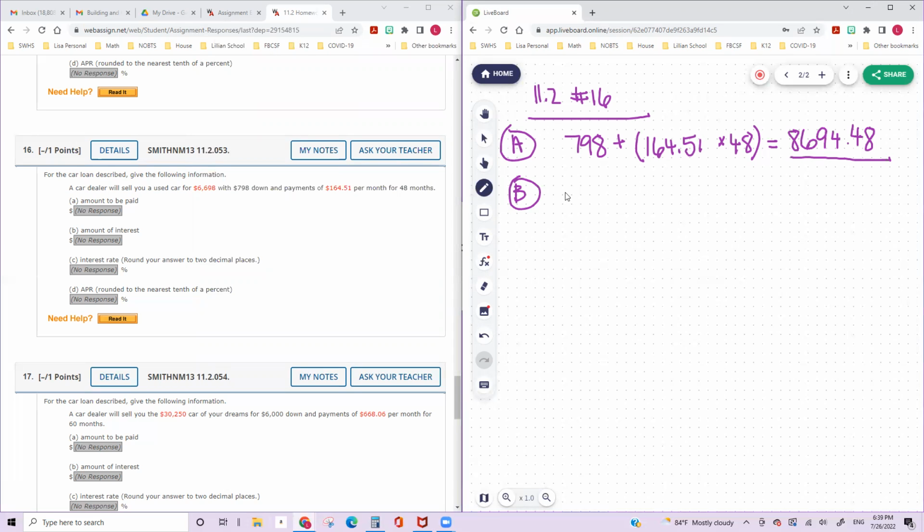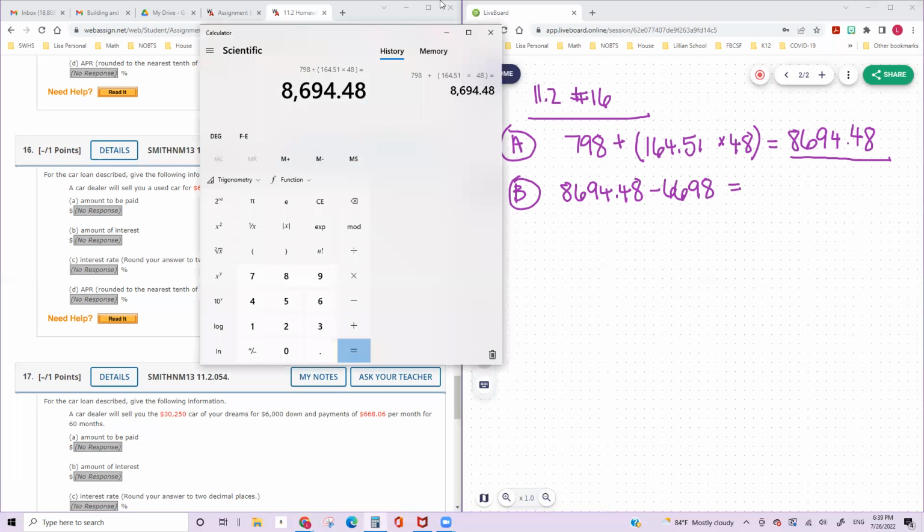So if I am going to find the amount of interest, I'm going to take the total amount, 8,694.48, and subtract out the original amount of the car, which was 6,698. That is the simplest answer for interest.